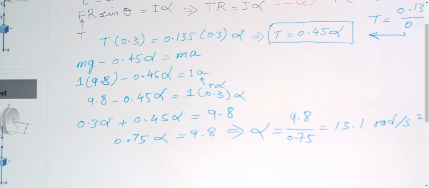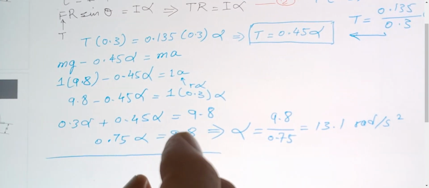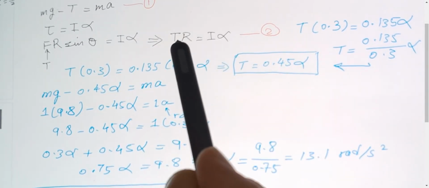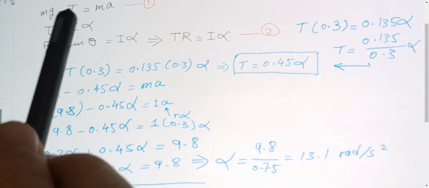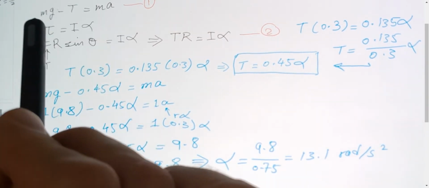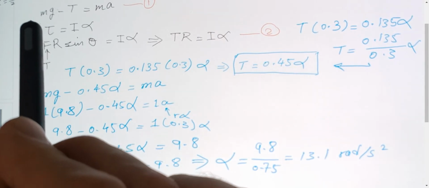So that's the first part. So let me revise it. mg minus t is equal to ma, and m here, the small, is the mass of the small object.